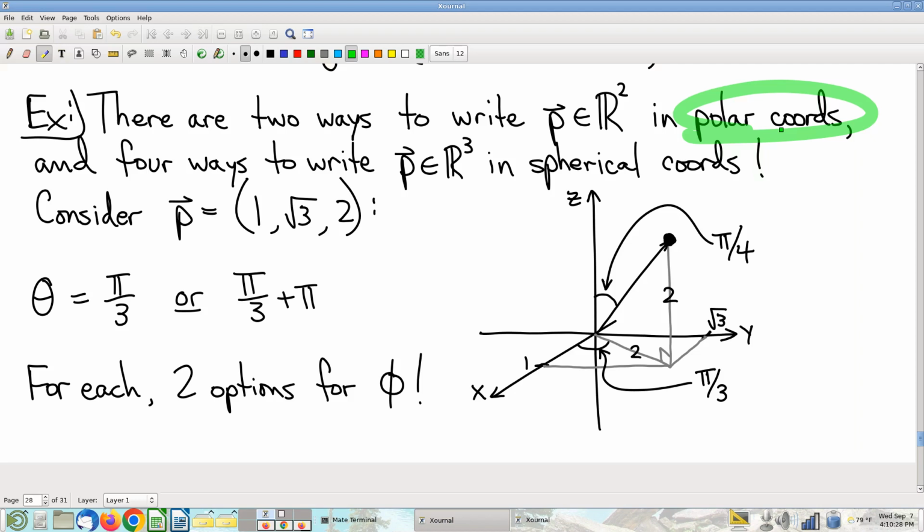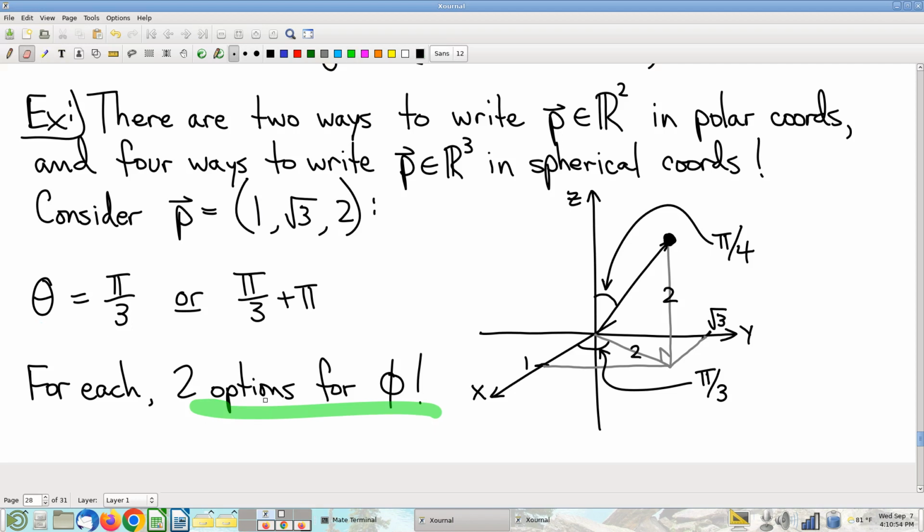But let's focus on the full turn aspect of things here. Okay, so in some sense, two different polar coordinates for a point. It's going to turn out that there are four different spherical coordinates for a point. And roughly speaking, it's because there's two different thetas, and then for each theta, there's two different phis.